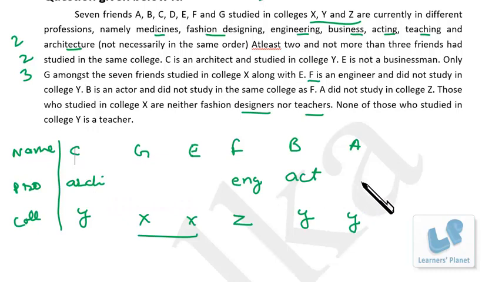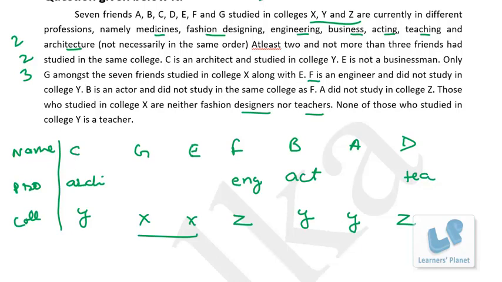Now we are left with A, B, C, D. And that should be in college Z. Now G and E, they studied in college X. They are not fashion designer, not teacher, and none of those who studied in college Y is a teacher. That means A is also not teacher. That means now D is teacher.